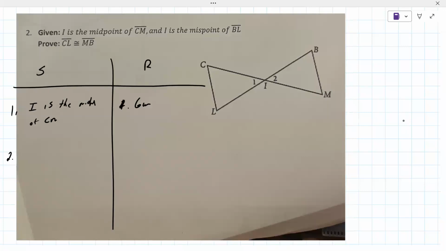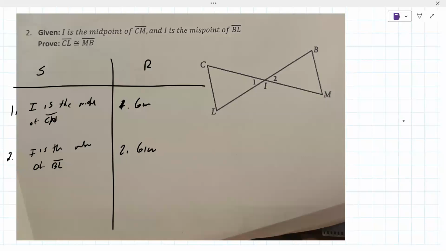And then two, I is the midpoint of BL. Now you can actually combine those into one given, depending on the instructor. But this is different than the previous one because it's not saying that the sides are congruent or the angles are congruent. It just says it's the midpoint. So what does it mean if something is the midpoint?